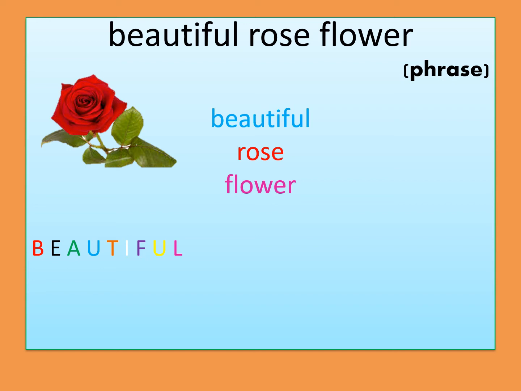So is it clear, students? Words are formed from letters and phrases are formed from words. The words come together and form into a phrase. The phrase may give some sense, but it will not give complete sense, and it does not have a subject and verb also.